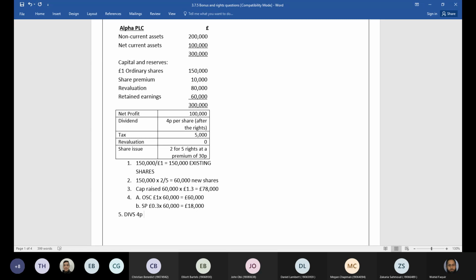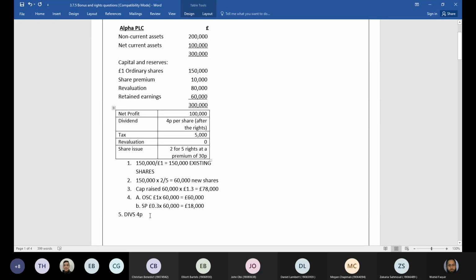How many shares are in circulation at this point, being the end of the year? In other words, after the rights issue. After the rights issue, how many shares are in circulation? I need your participation here.